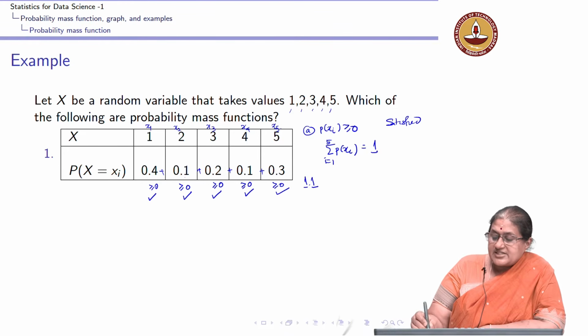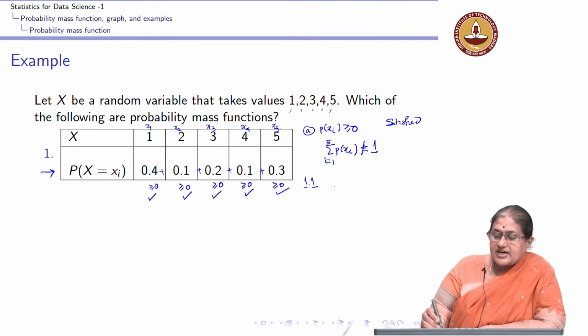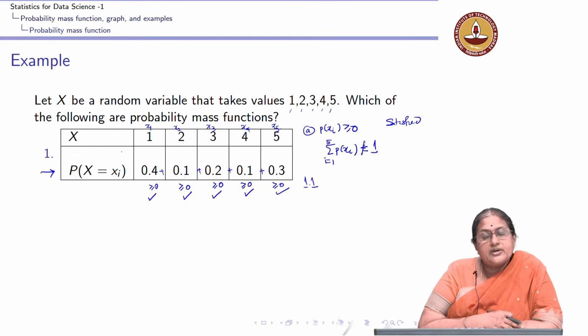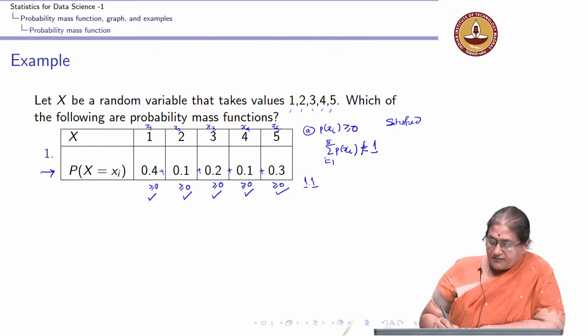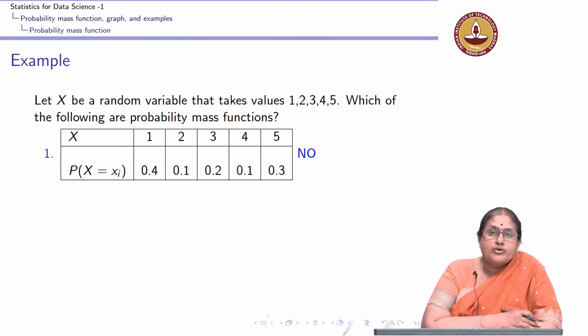So, I get the summation of p of xi is not equal to 1. Hence, this does not satisfy the properties of a probability mass function. Hence, the first table is not a probability mass function.